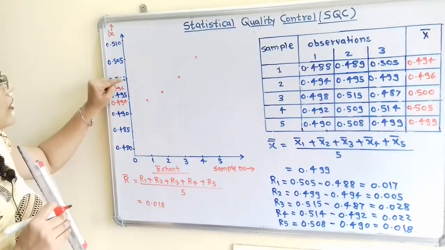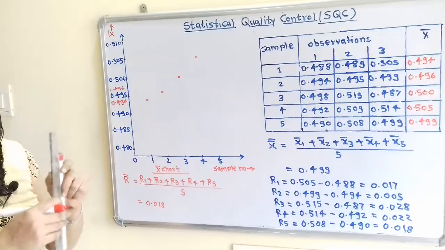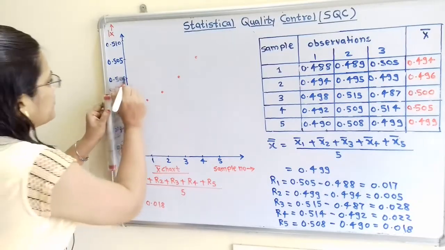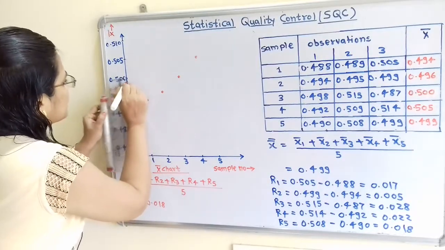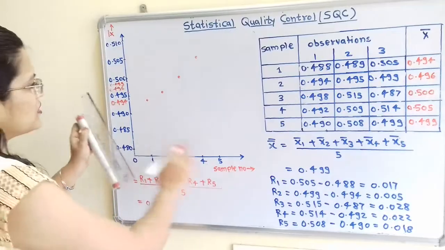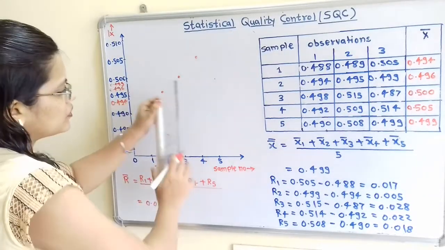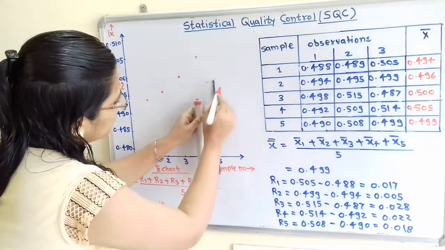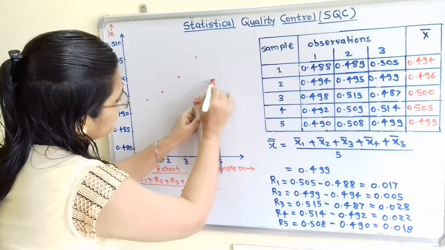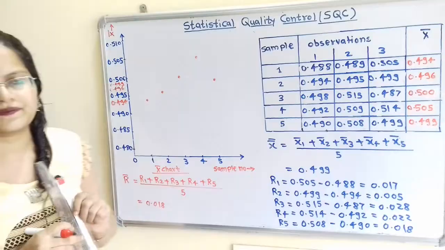If we observe, before this 0.500, if I take 1 centimeter distance, then here is the value of 0.499. So this is for the fifth sample. If I draw one horizontal line and here is the vertical line, then here is the point of intersection. So this is our fifth reading.